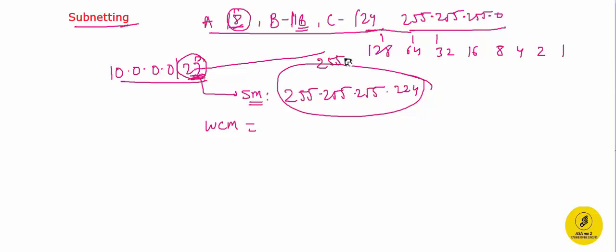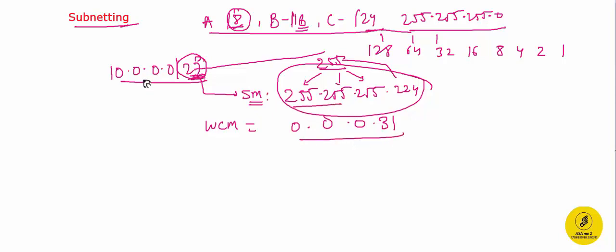So 255 minus 255 is 0, 255 minus 255 is 0, 255 minus 255 is 0. So 3 zeros. And then we have 255 minus 224, which turns out to be 31. So this is the wildcard mask.